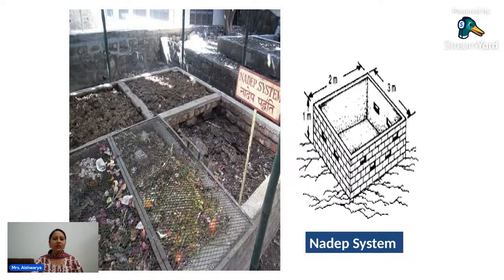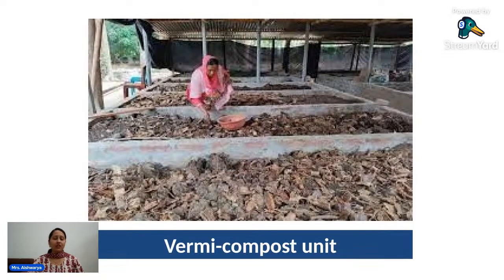With the help of the worms, FYM is produced, which is beneficial in our field, as it supplies nutrients and micronutrients in the soil, which are helpful for crop improvement and crop development.